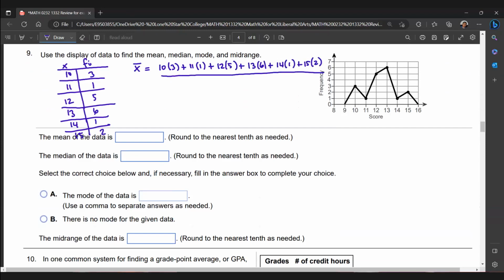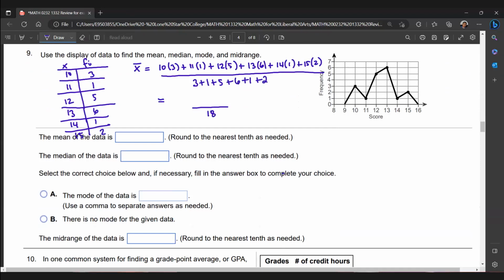So these are the frequencies: 3 plus 1 plus 5 plus 6 plus 1 plus 2. Okay. All right, so let's see. Well, 3 plus 1 is 4, and 6 is 10, 16, 18 data items.